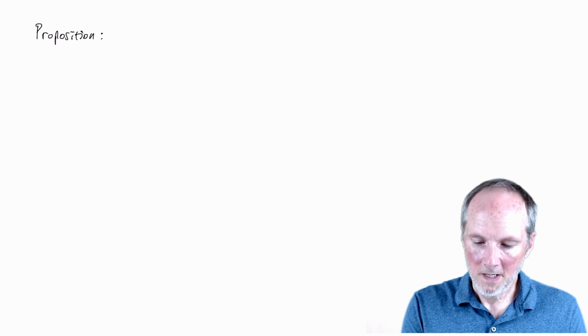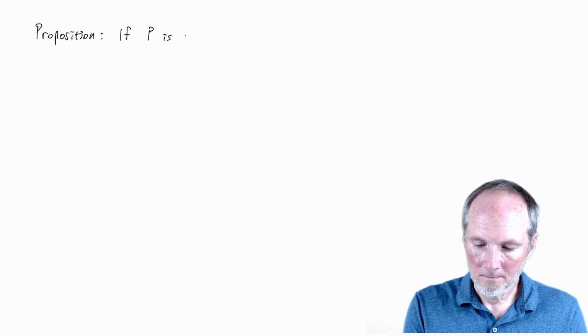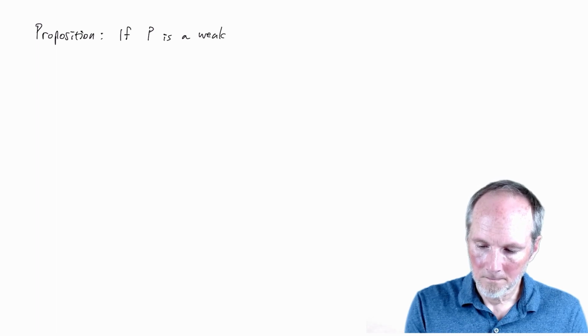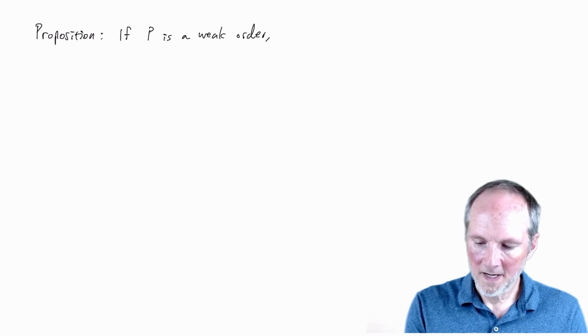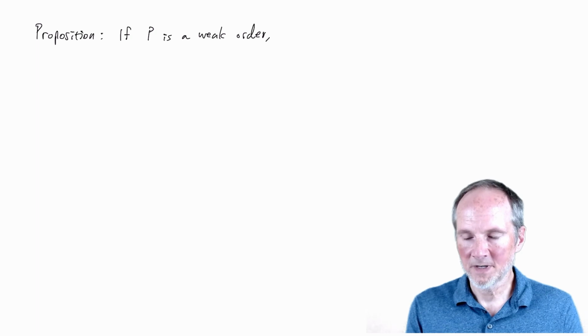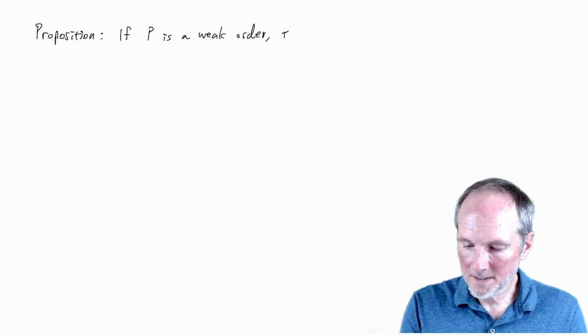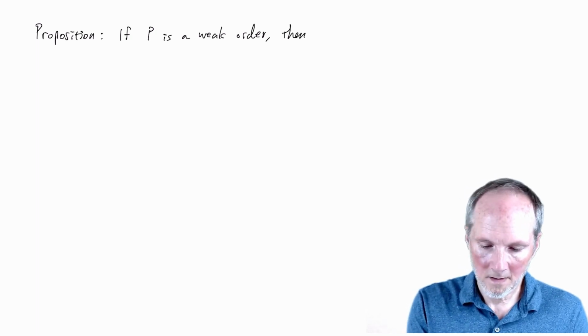Okay. The first is that if P is a weak order, and that means that it's asymmetric and negatively transitive, then R is transitive.